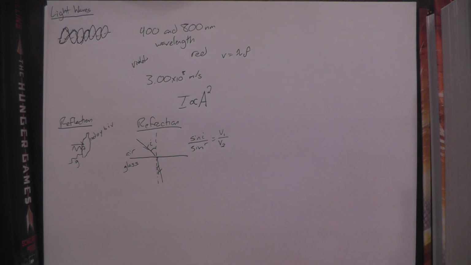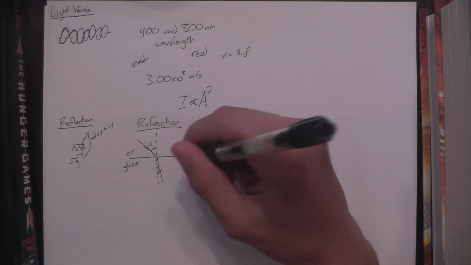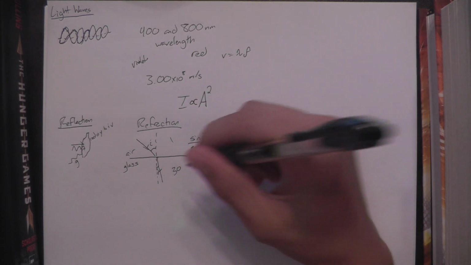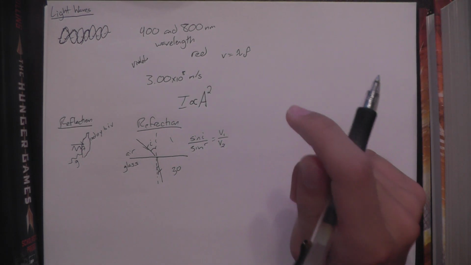However, with light, we have a new concept here, which is called the refractive index. The refractive index for each object is a set value. Now, let's say, I don't know, air has 1 and glass has 30, I don't know. There's a table out there somewhere that you can search up.